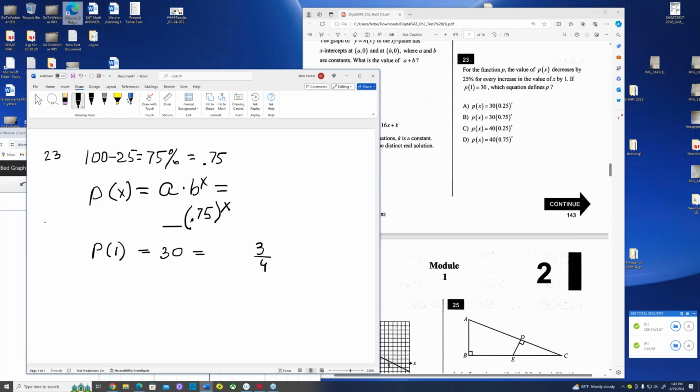If x equals 1, it would be 3 over 4. What number is supposed to multiply by 3 over 4 to get 30? Only 40, because after simplification this is 30. So this is 40. When you have an exponential function, always consider this format to understand 100% of this.